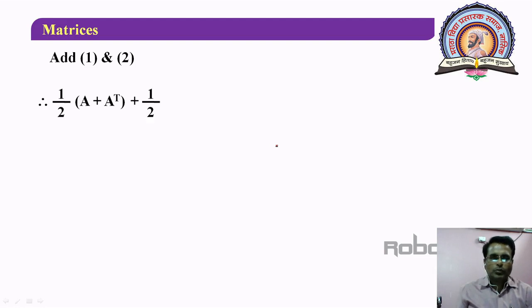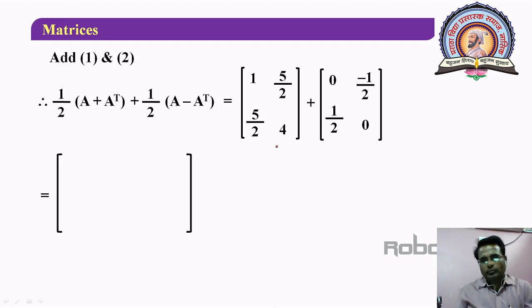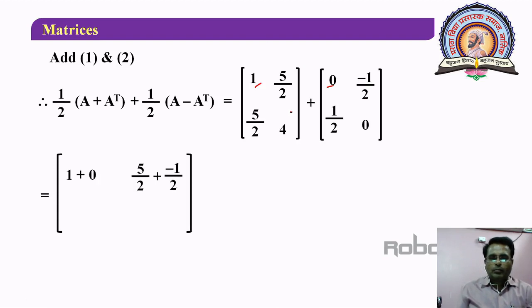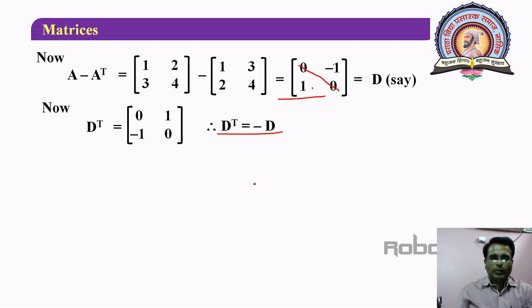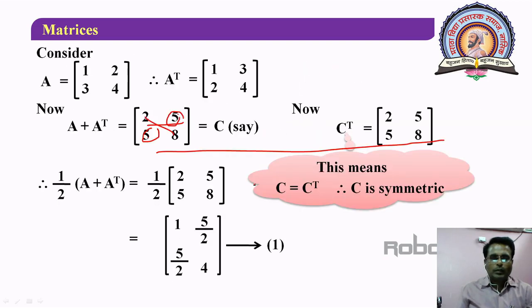Now if you consider 1 plus 2, you get this, so you have to consider this type of addition. You will observe that 1 plus 0 is 1, then 5 by 2 minus 1 by 2, then 5 by 2 plus 1 by 2, and 4 plus 0. So you will observe that it is 1 2 3 4, which is nothing but our original matrix A. Previously we have seen that the original matrix given to you was A equal to 1 2 3 4.